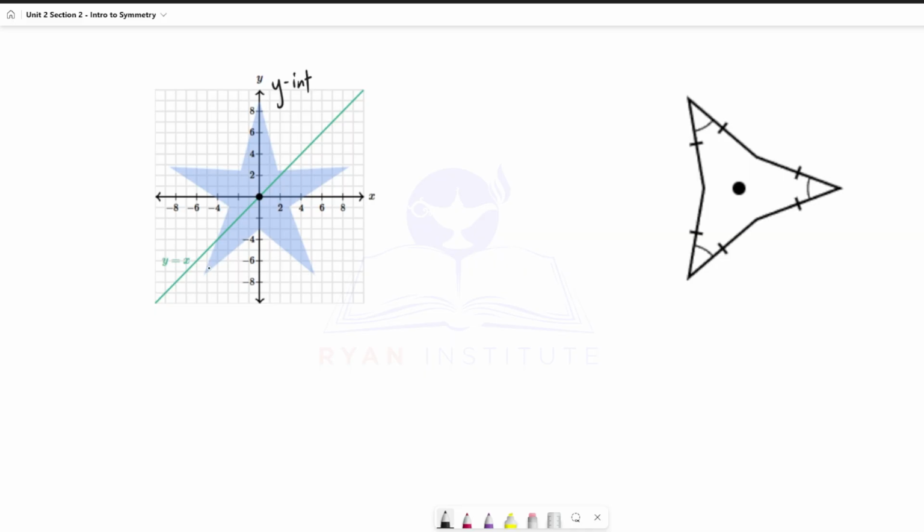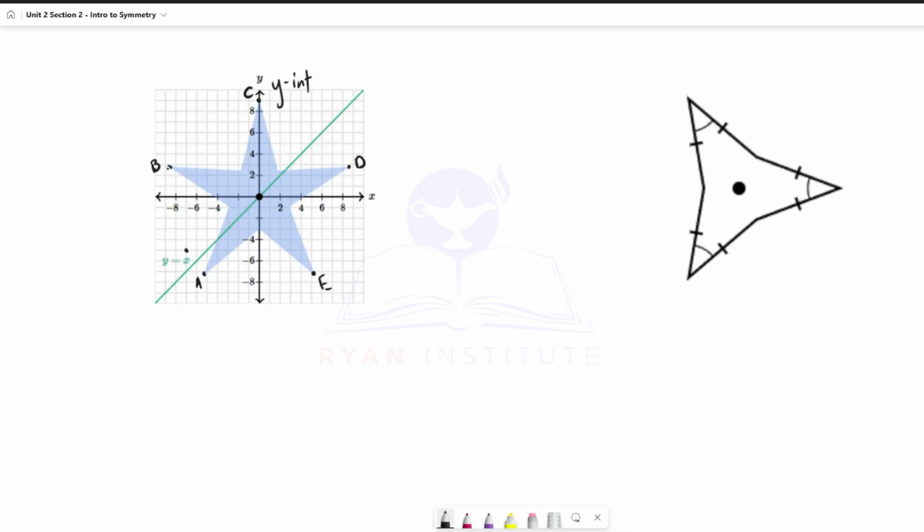So let's go over y equal to x. If I were to reflect, and we'll take a couple points here. A, B, C, D, E. Here I'm given about one diagonal space. It should be somewhere around right here.